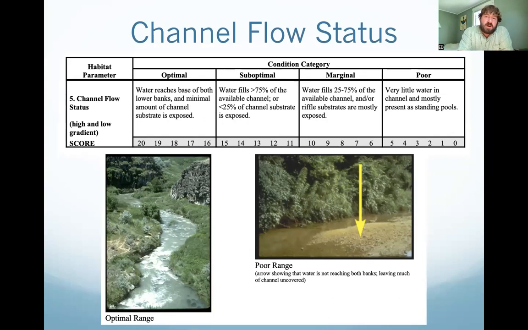On the right here, you see a lot of the channel isn't filled. The water is sort of forced to one side of the channel, and another part of the channel is dry. Aquatic biota need water, so that channel is going to provide less habitat for fish. It's going to be less quality habitat in terms of how we grade out this metric.